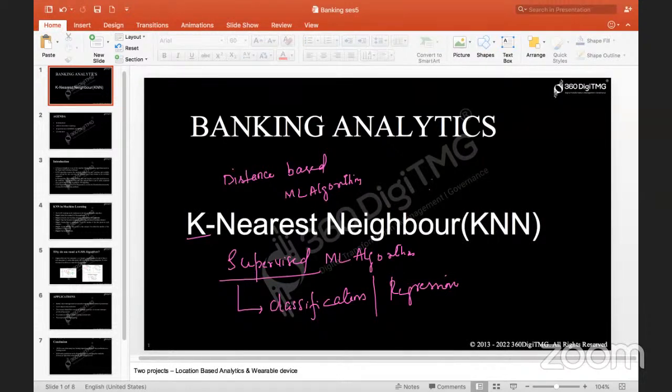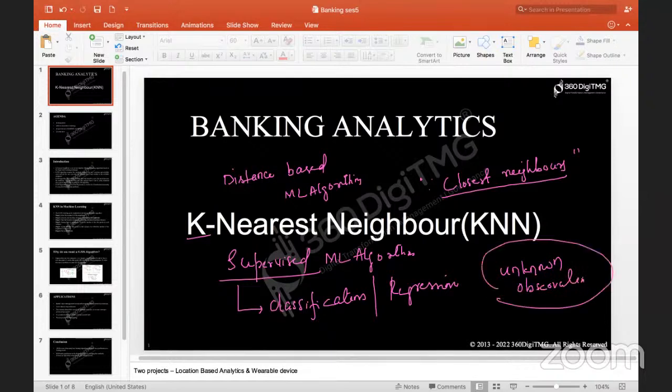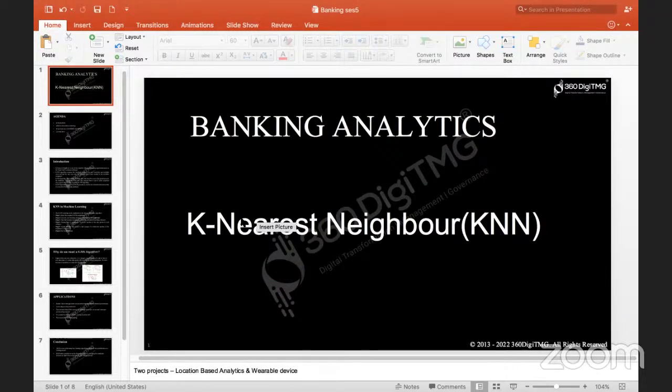Its aim is to locate the closest neighbors around an unknown data point, an unknown observation. It is straightforward and very easy for any person to identify someone who is close to me.